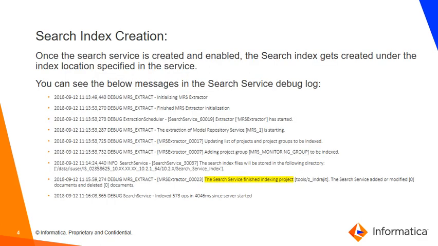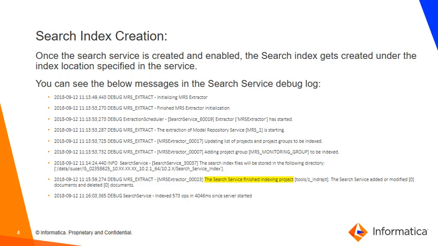So in this slide, we will see how a search index gets created, and the relevant logs that tell whether the index got created properly or not. The search service performs each search on a search index instead of the model repository or profile warehouse directly. So that increases the search performance, and the terms also respond faster.